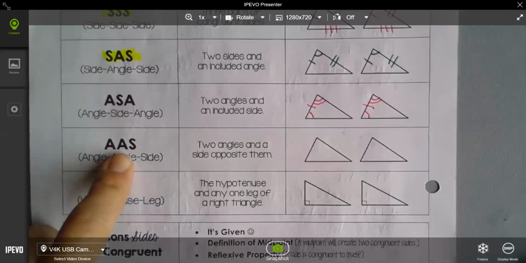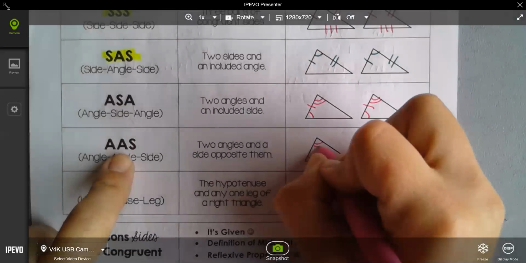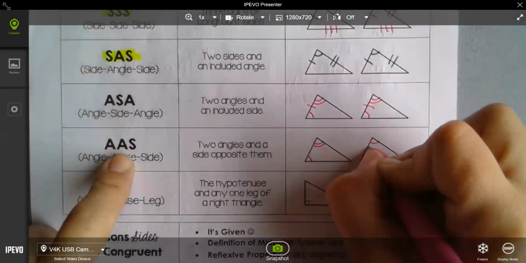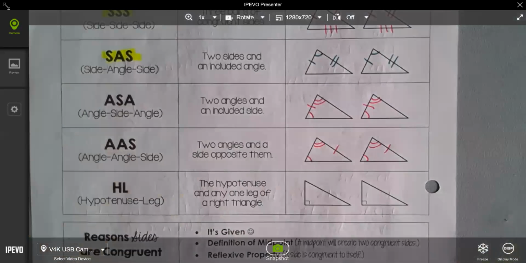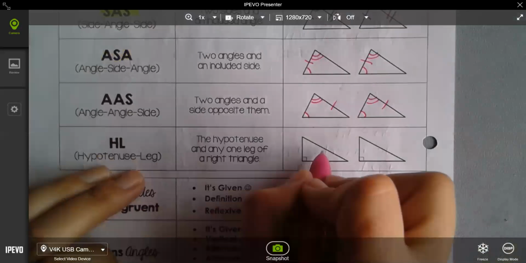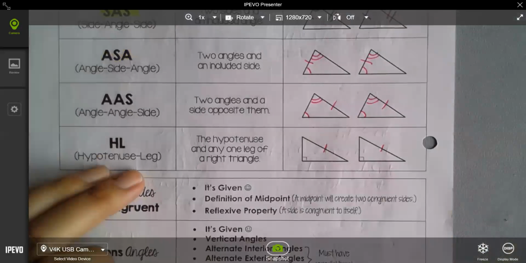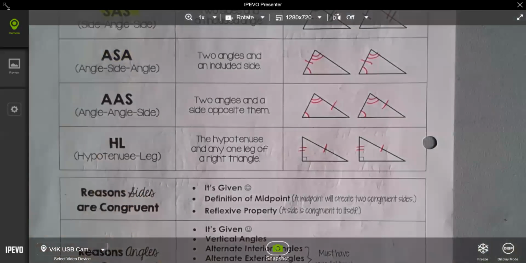Angle, angle, side. First angle, second angle, followed by a side. And then we learned about hypotenuse, leg, which would say that the hypotenuse is congruent, and then our leg is congruent.